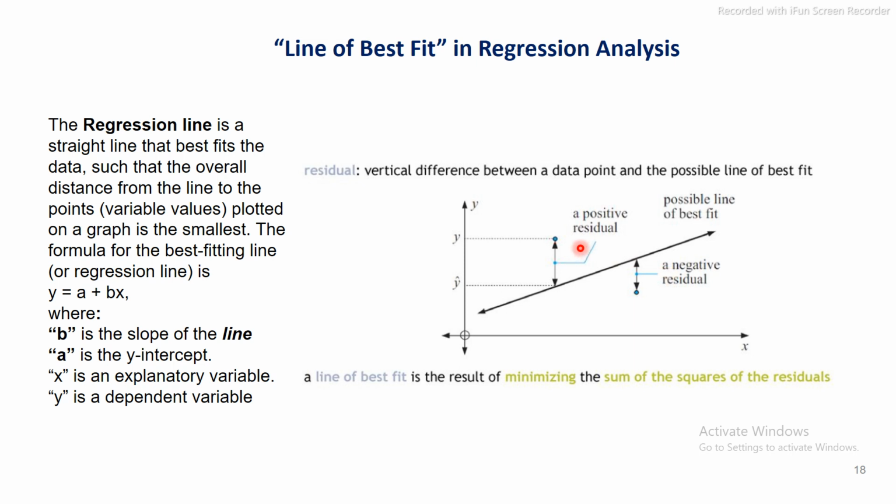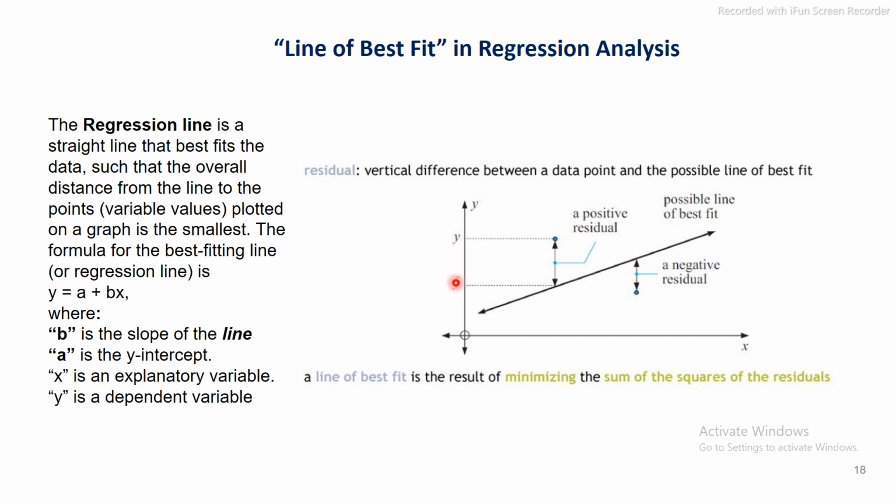As I already said, the values which are away from the line of best fit are residuals. A point on the positive side is a positive residual, and points below the line of best fit are negative residuals. So y and y cap: y cap is something which you have predicted, and y1 is your actual data. We have to minimize y minus y cap.